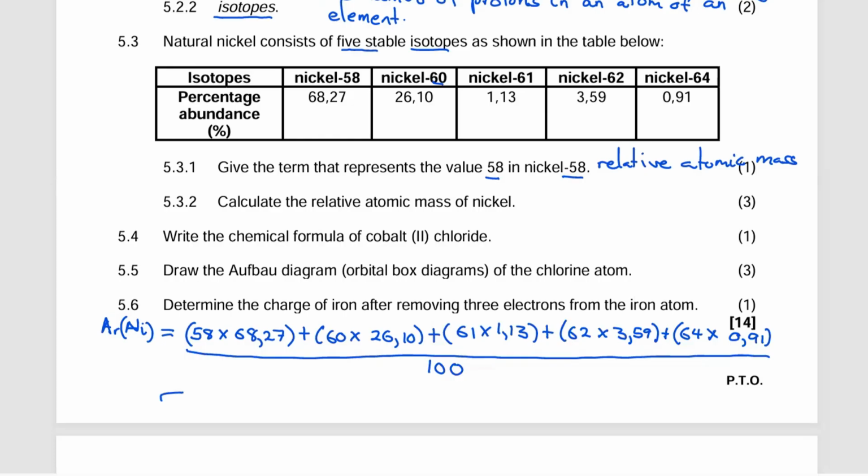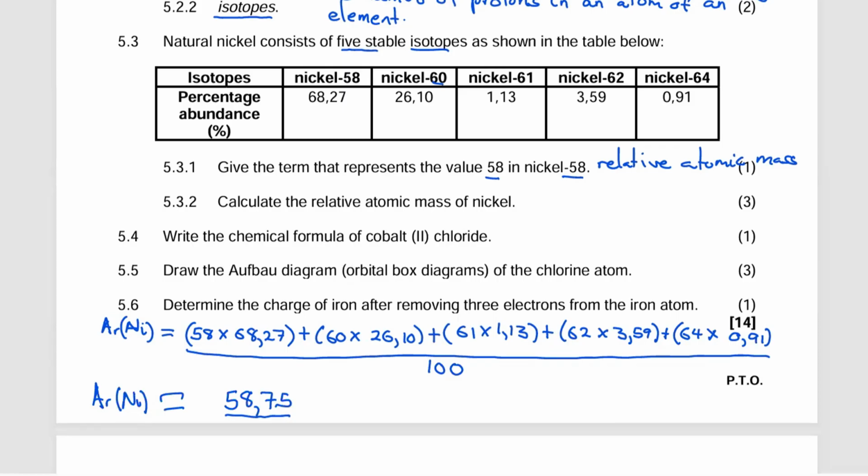According to my calculations, the relative atomic mass for nickel is equivalent to 58.75. So this is my final answer.